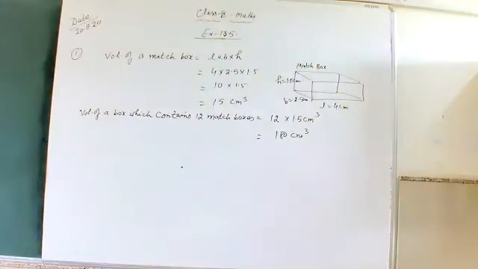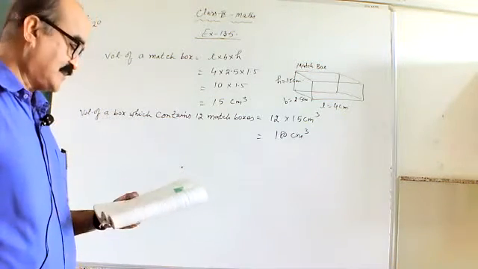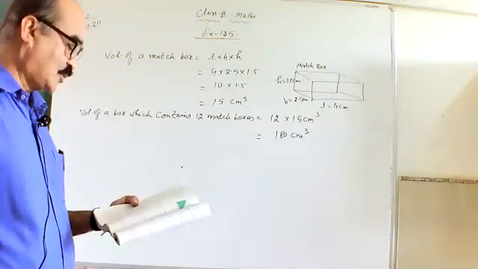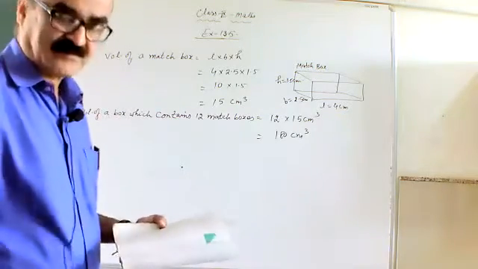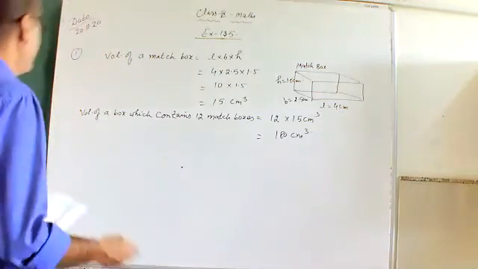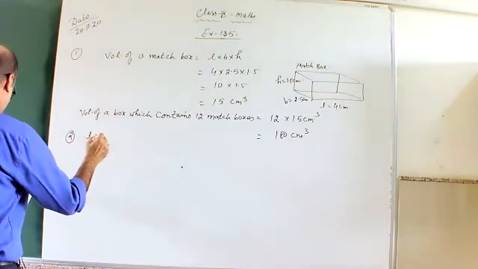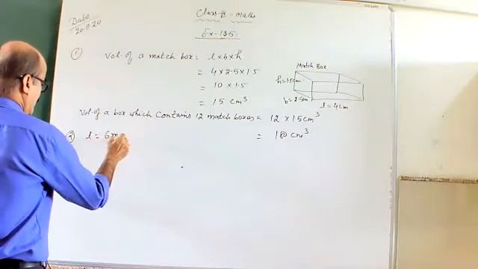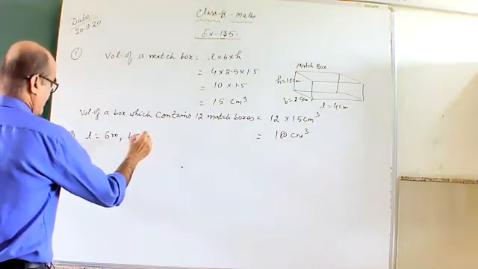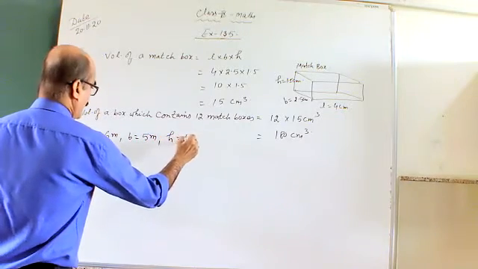a water tank is 6 meter by 5 meter and 4.5 meter deep. How many liters of water can it hold when 1 meter cube is equal to 1000 liter? That is also very simple. Question number 2. The length of the water tank is given as 6 meter, breadth is 5 meter, and height is 4.5 meter.